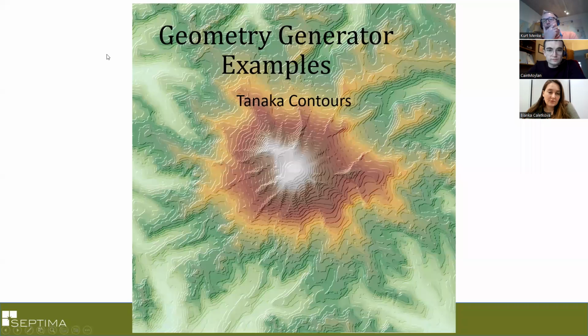So geometry generators allow you to do almost anything with symbology, including things like these Tanaka contours, which is a way to symbolize elevation data using this technique an old Japanese cartographer Tanaka developed in the 1950s, and they're called illuminated contours, and it kind of creates this terracing effect with elevation data, which is pretty cool. So you can use geometry generators to replicate this in QGIS. It's quite complex, but it can be done.